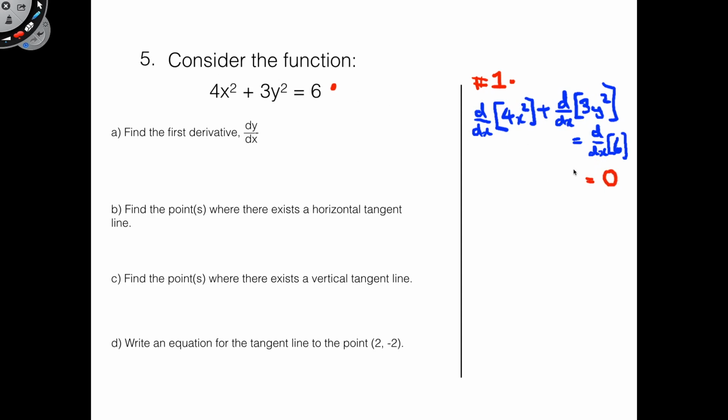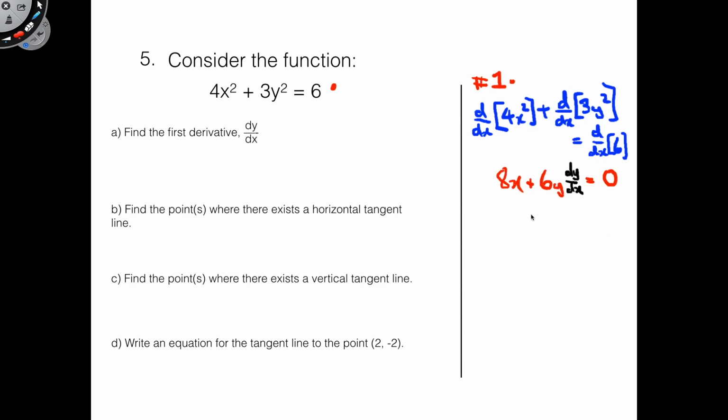And now for the d/dx of 3y squared, we get a 6y times your dy/dx, and nothing fancy here, just simple power rule. Then you get your 8x, apologies.